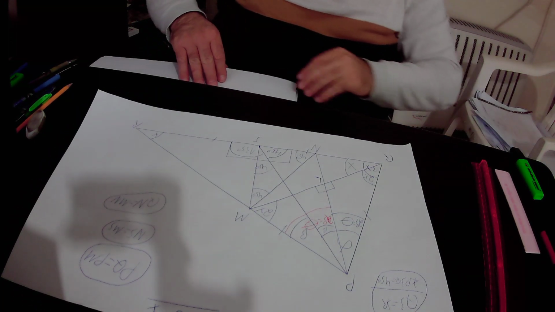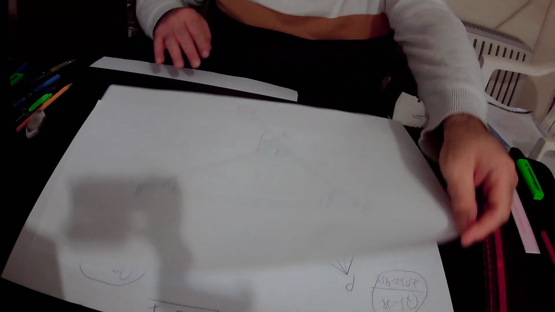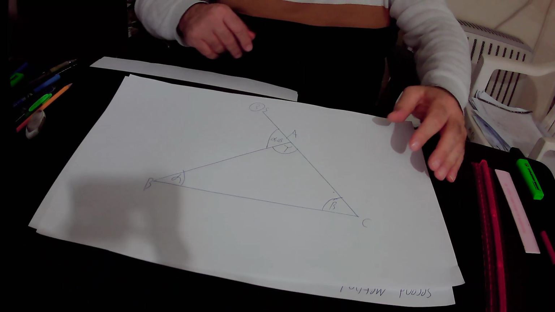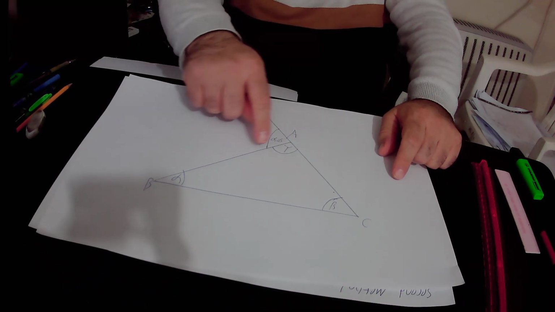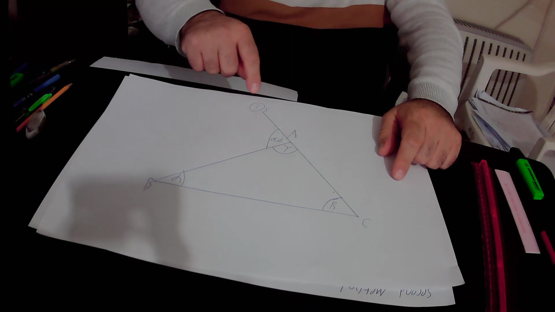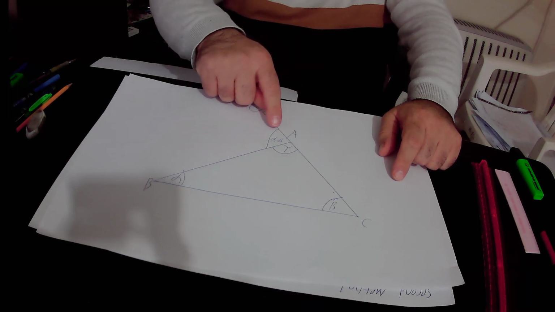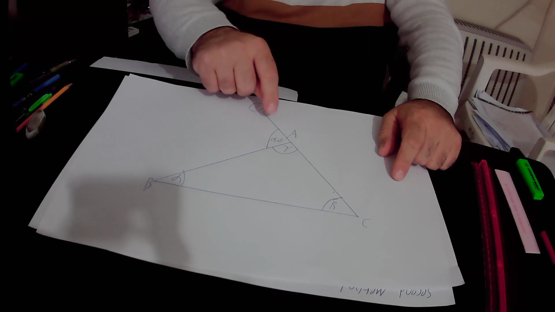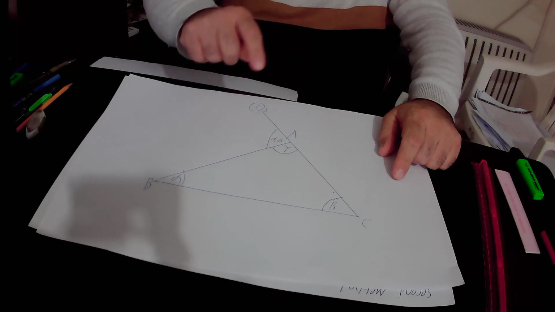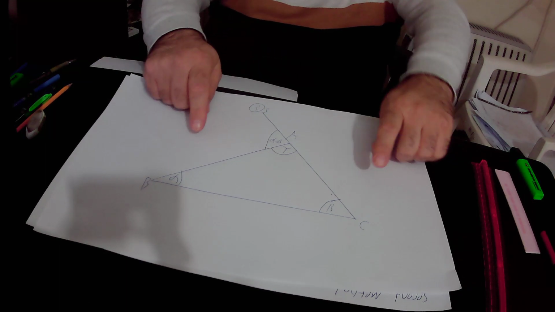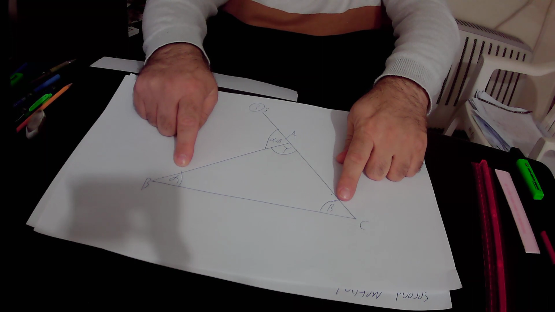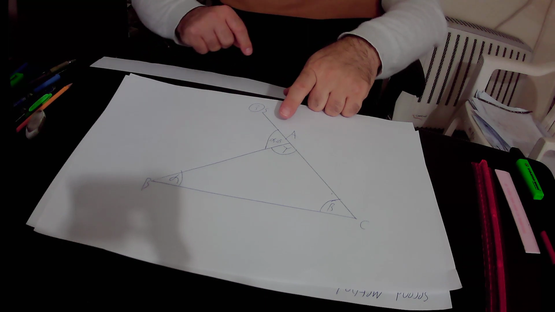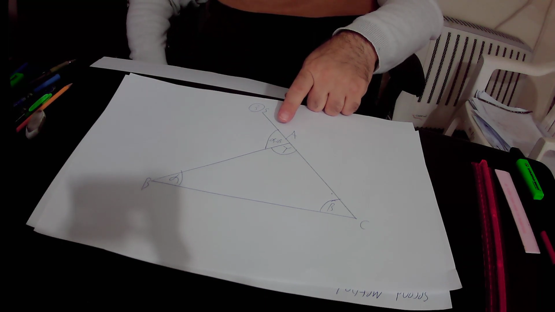If we have this triangle, and alpha, beta and gamma are the interior angles of triangle ABC, and angle SAB is the exterior angle, then the value of the exterior angle SAB is equal to the sum of the angles that are not adjacent to it. Those two angles are not adjacent to SAB, therefore it equals alpha plus beta.